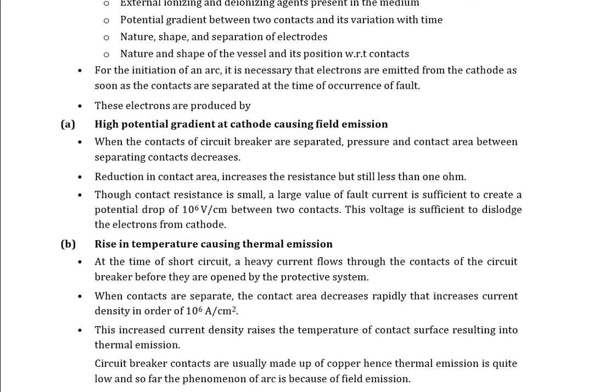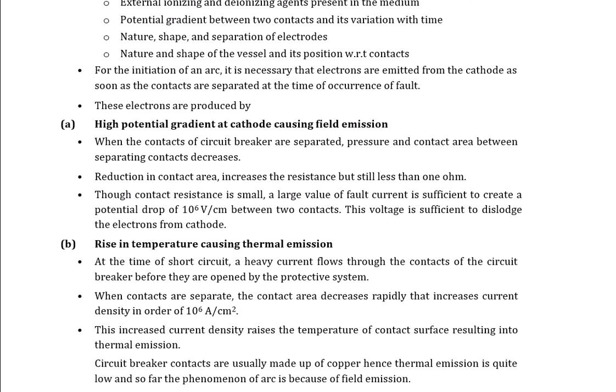Reduction in contact area increases the resistance, but still less than 1 ohm. Though contact resistance is small, a large value of fault current is sufficient to create a potential drop of 10 raised to 6 volts per centimeter between two contacts. This voltage is sufficient to dislodge the electrons from the cathode.